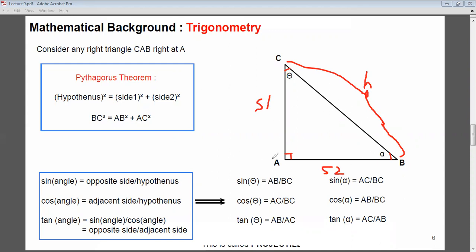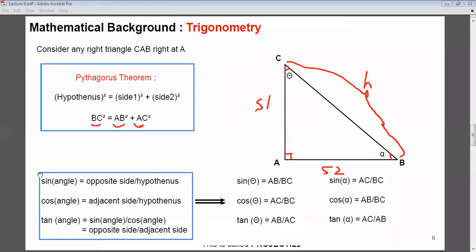So in this particular triangle ABC, we have BC squared, which is the hypotenuse, equals AB squared plus AC squared. Okay, this is Pythagoras theorem.